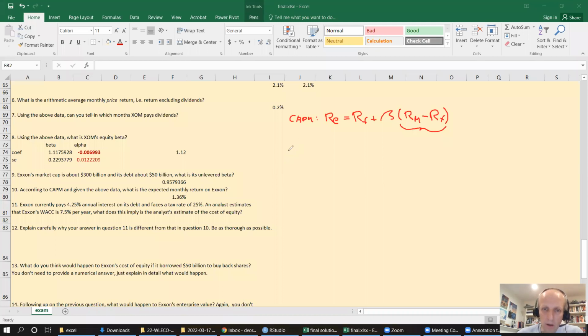And we know that, let's make it red again, we know that weighted average cost of capital equals the share of equity, the market value of equity, in the sum of the market value of equity and debt, times the cost of equity, plus the share of debt in the market value of equity and debt, times the cost of debt after taxes.